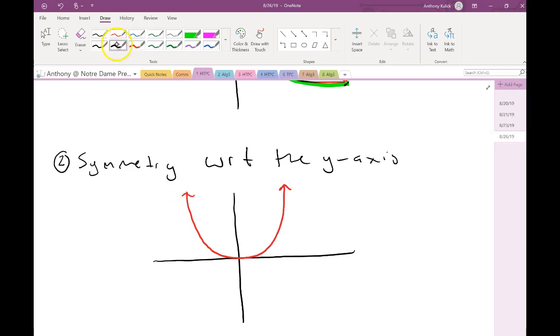Something like this. And in much the same way, if I take one half of this graph and reflect it across the y-axis, it lies on top of the other half, right? Okay.